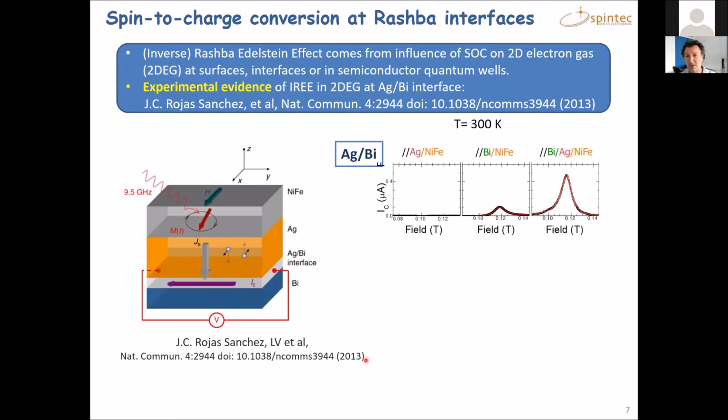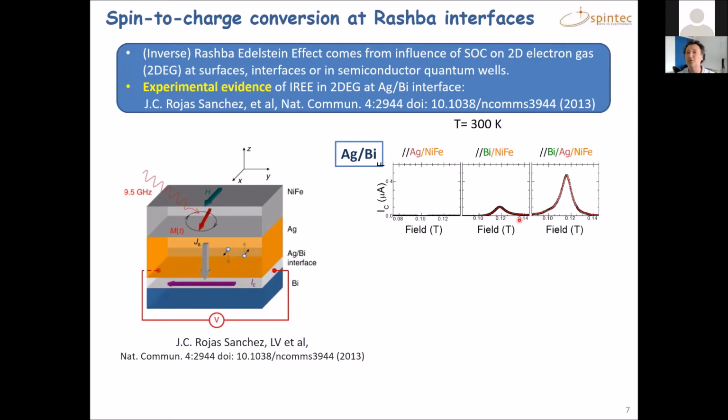So first of all, about the experiment, we used nickel iron. We drove nickel iron at ferromagnetic resonance to inject a spin current into a silver bismuth stack. We did two control experiments. Nickel iron in direct contact with silver, where there is no produced charge current at the resonance. Nickel iron in direct contact with bismuth, where there is a sizable production of a transverse charge current.